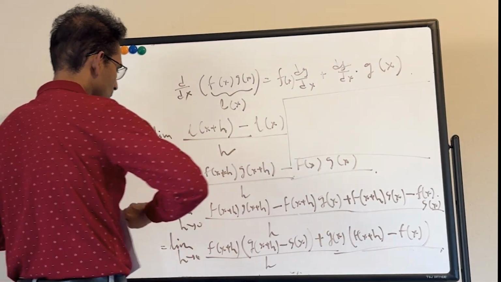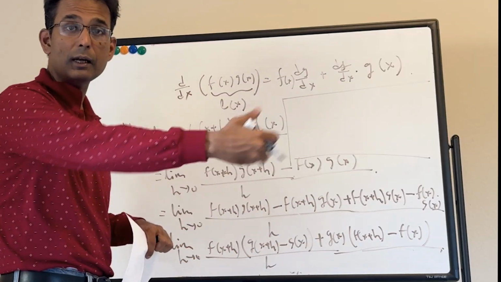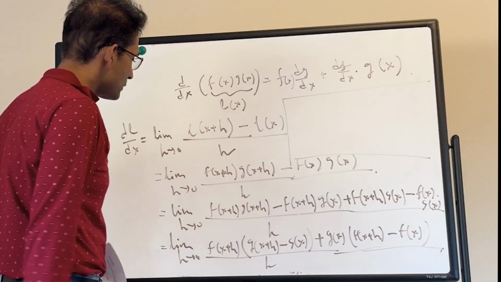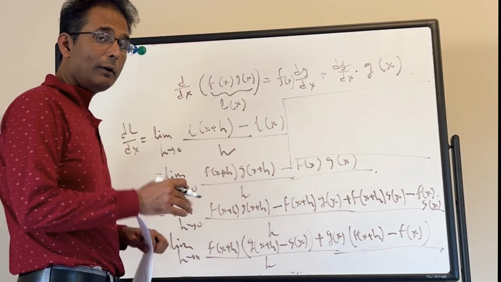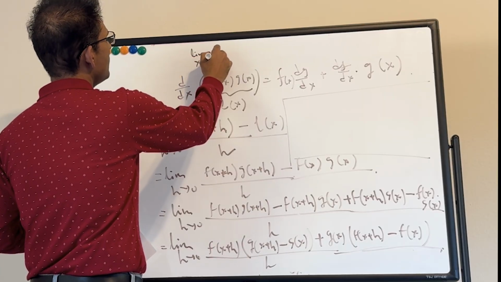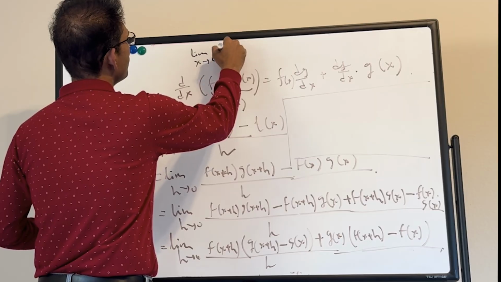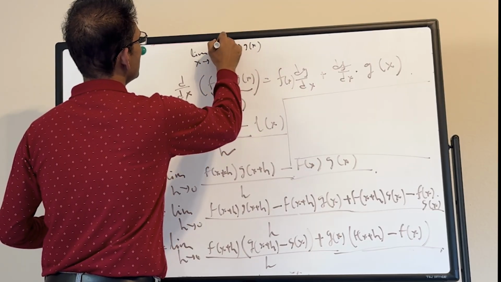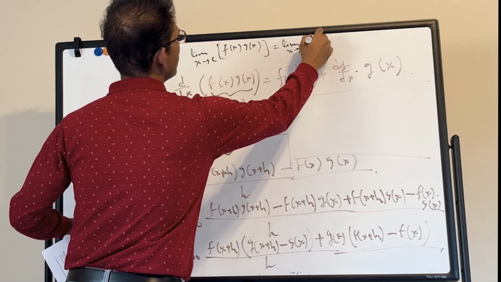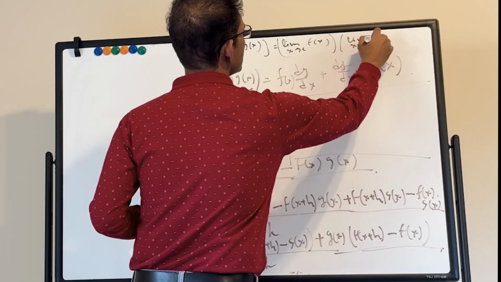So what you have there is, if you just distribute the limit, remember the limit can be distributed to multiple terms, and even through products. Another property of limit that I should have said before is that limit x goes to c, if you have two functions, let's say f of x times g of x, then you can write this as limit x goes to c of f of x, the product of the two limits, limit x goes to c of g of x.